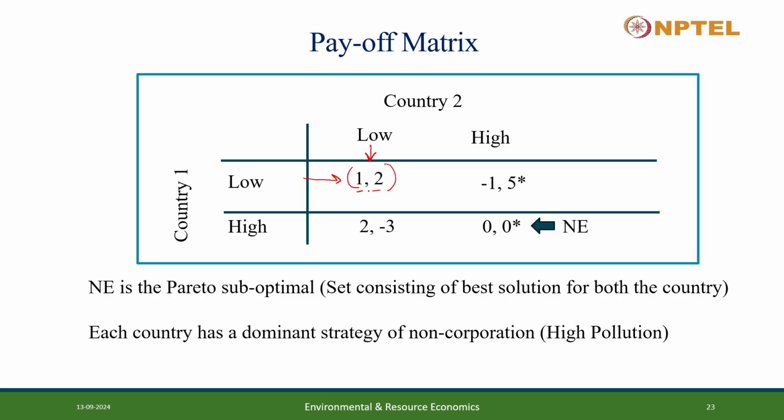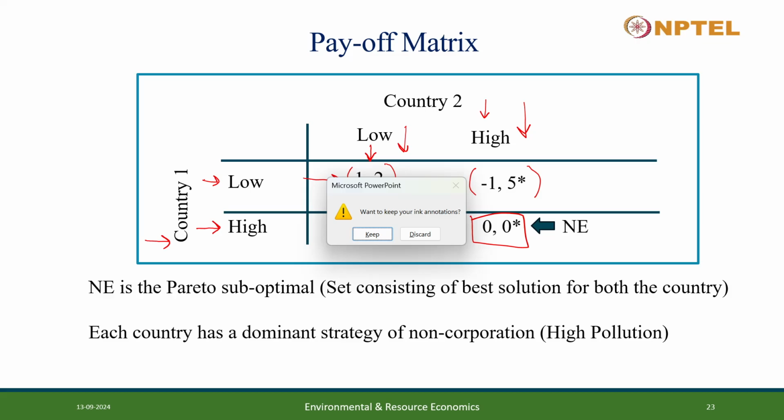Okay, if country 2 pollutes high and country 1 pollutes low, then the payoff is -1 comma 5. And if country 1 pollutes high and country 2 pollutes low, then the payoff is given by 2 comma -3. And when country 2 pollutes high and country 1 pollutes high, then let's say the payoff is 0 comma 0.